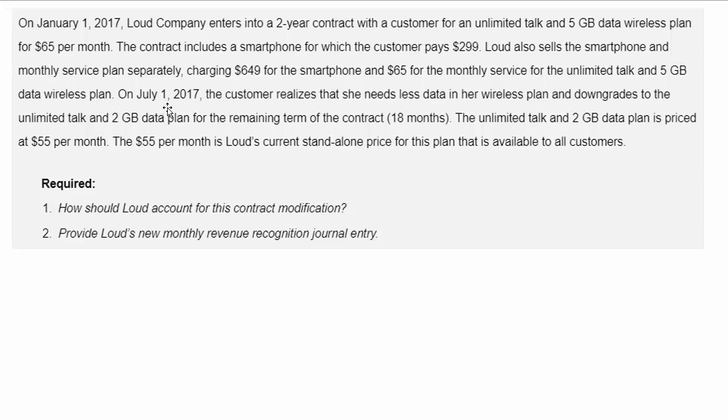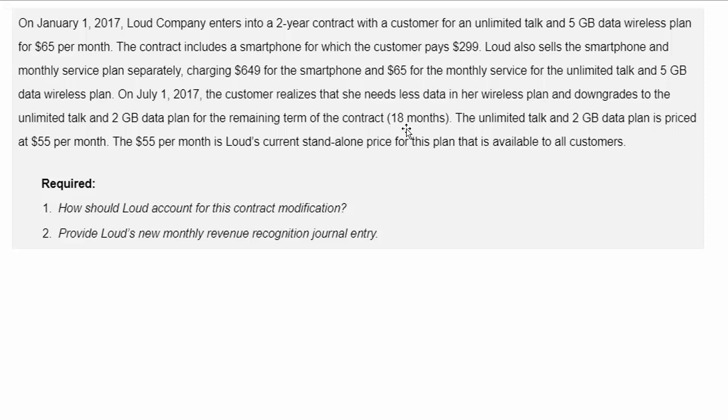On July 1st, the customer realizes that she needs less data in her wireless plan and downgrades to an unlimited talk and 2 gigabyte plan for the remaining term of the contract, which is 18 months.